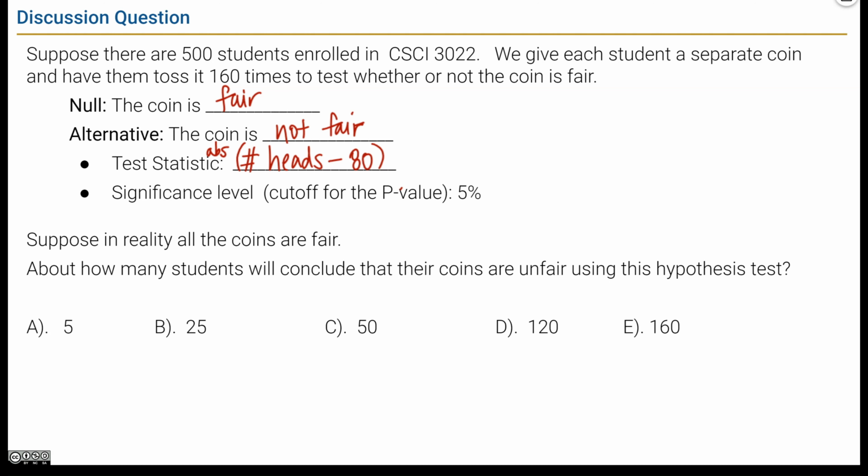My significance level is 5%, chosen based on standard conventions. Now, suppose in reality all of the coins actually are fair. Approximately how many students will conclude that their coins are unfair using this hypothesis test? Take a minute and see what you come up with.